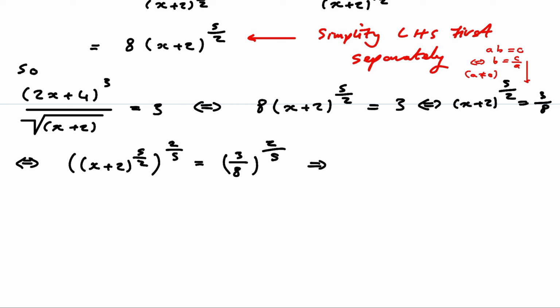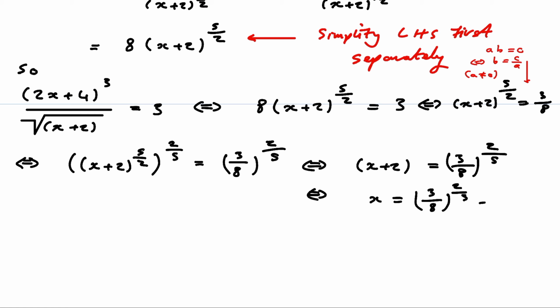So this is if and only if what? Now we have x + 2 on its own has to be equal to (3/8)^(2/5). And this now is if and only if x is equal to (3/8)^(2/5) minus 2.